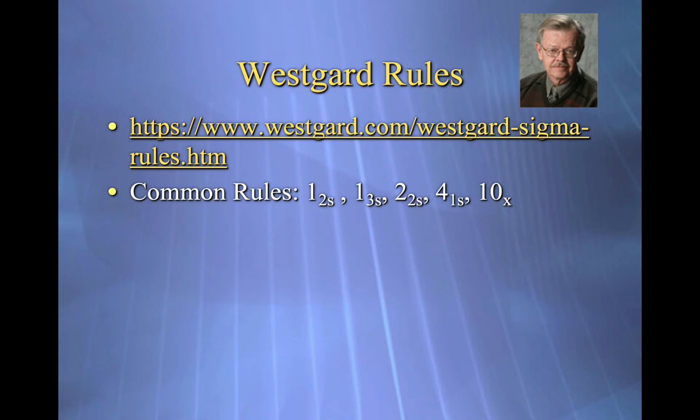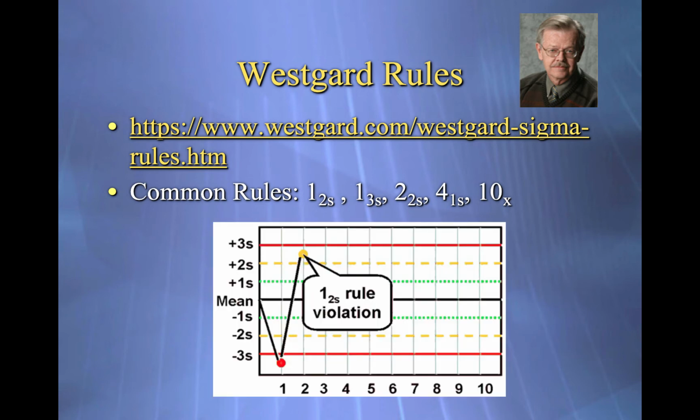And you'll hear these things like 12S, 13S, 22S, 41S, 10X. What do these mean? Well, here are some examples. So this is a 1S rule violation, which means I've gone outside of the standard deviation here.